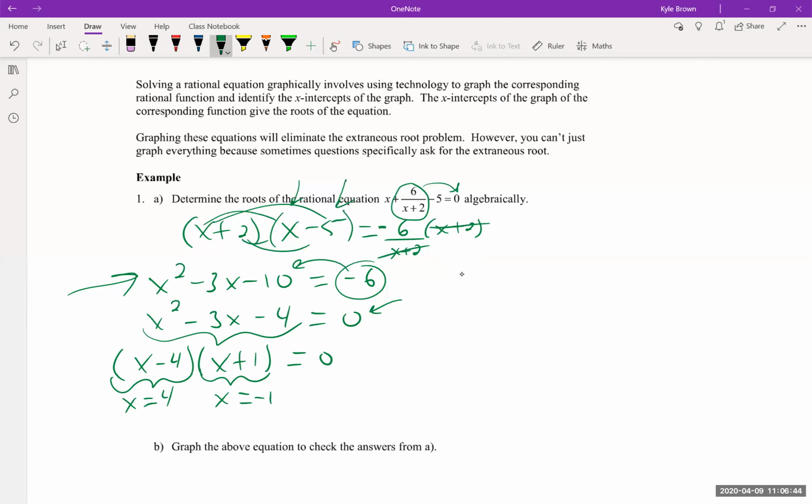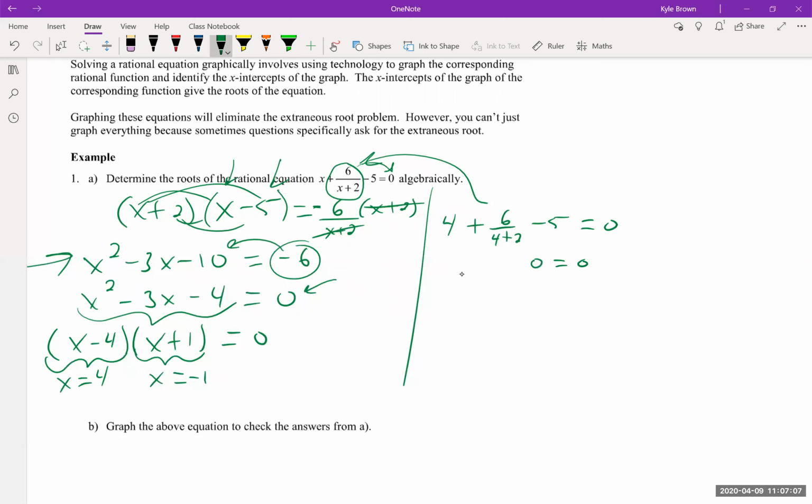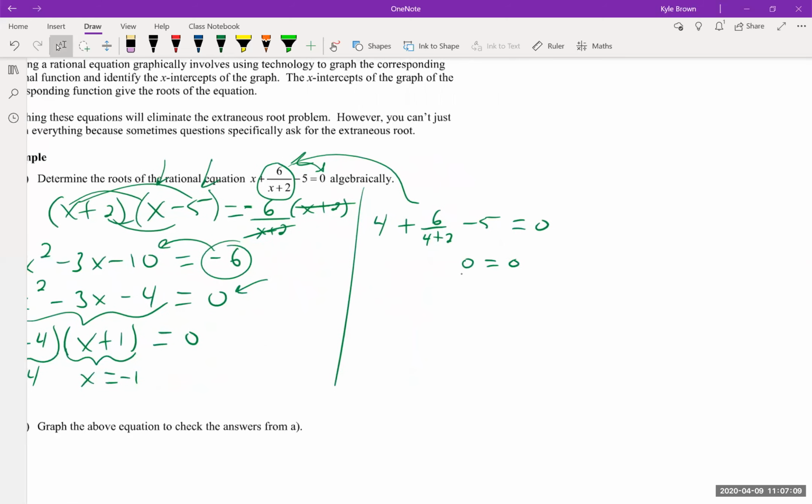It's a good idea to check all the time. If I put 4 into my original equation, it should be equal to 0. So 4 plus 6 over 4 plus 2 minus 5 should be equal to 0, and if you put all that in, yes, it does: 0 equals 0.